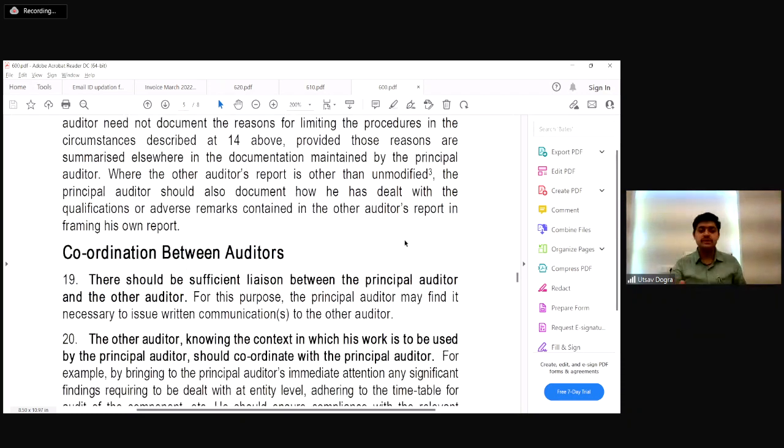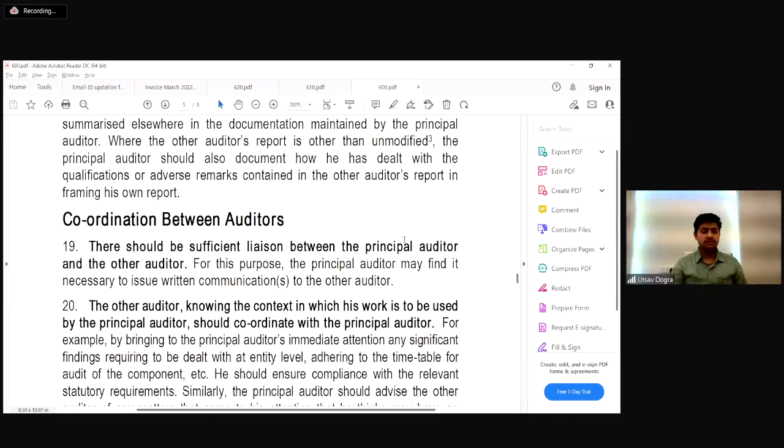So there must be clear coordination between both the auditors. The principal auditor must coordinate with the other auditors in terms of when he requires the other auditor to do certain specific procedures in a particular area of the component, and whatever exchange of documents or information is happening must pass only through a written medium and must be documented.